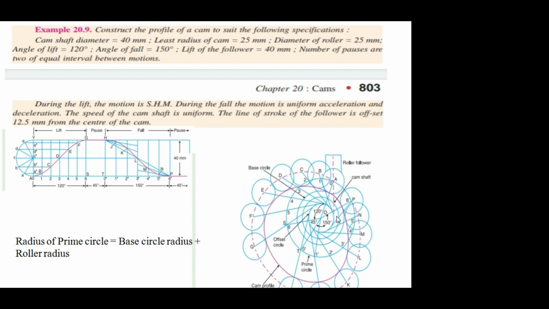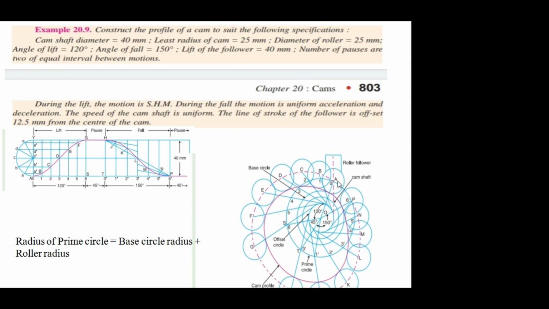Now, at the initial position of the follower, the axis of the follower is tangent to the offset circle. We know the initial position of the roller center is on the prime circle.